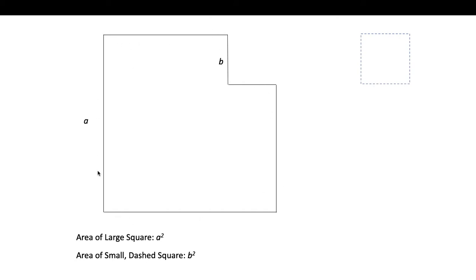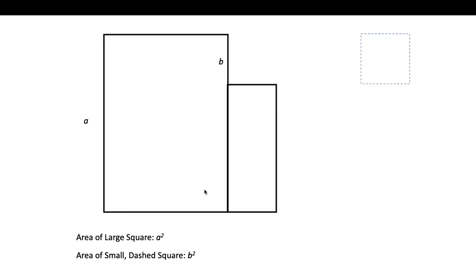To calculate the area of this complex figure, what we need to do is divide it into two figures which we can easily calculate the area of. So we can divide it into two rectangles, like this. Now we'll first try to find the area of this large rectangle.